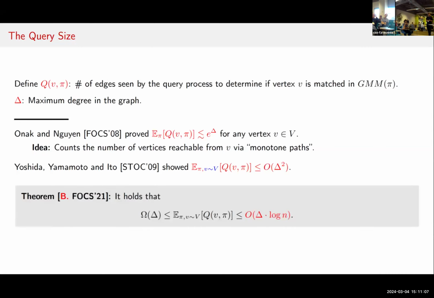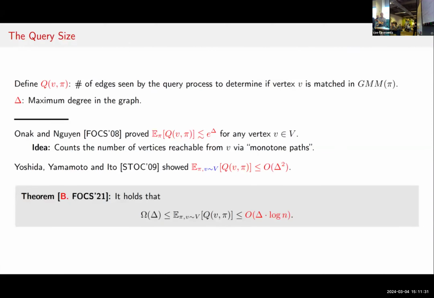And the result I mentioned earlier, the 2001 result that I had, I basically tied this up to a log n factor, so that it's upper bounded by delta log n and also lower bounded by delta. So for a random vertex, it just takes almost delta time to tell if it's matched or not. And you can run this on a constant number of vertices to estimate the size of the matching.